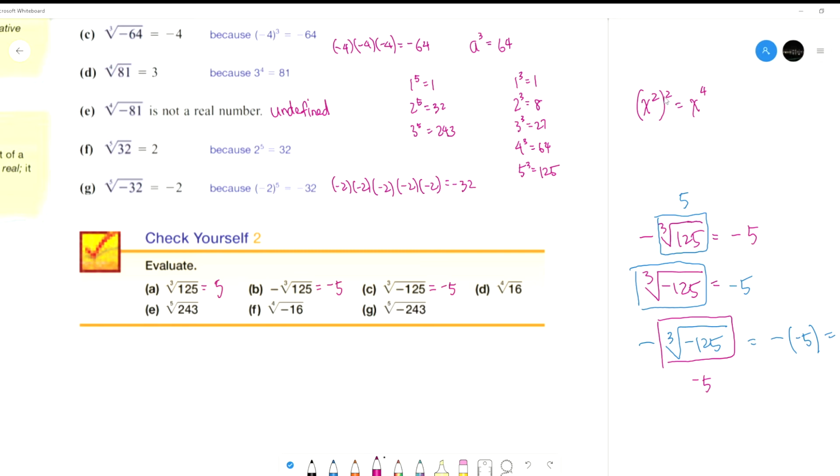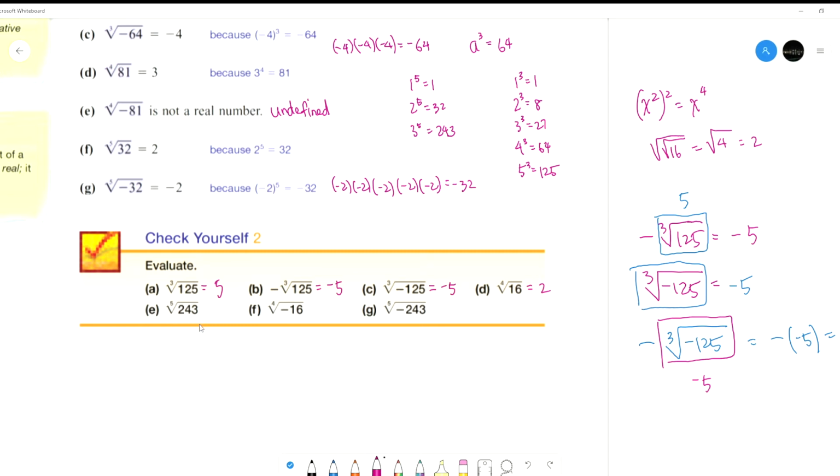So it's like doing the square root twice. If I did the square root of 16, there's a property we're going to learn later that you multiply the roots. So it's like doing the square root of 4, which is 2. So that's a little shortcut to help you do things in your head.